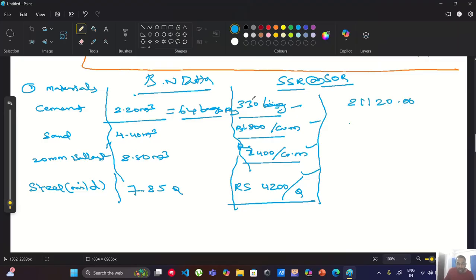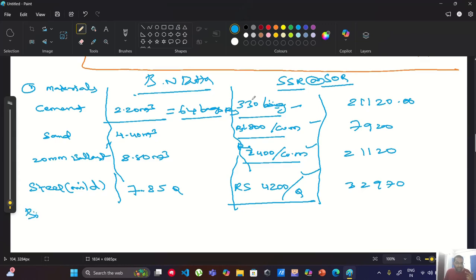Now the cost is 21120. This is 330 into 64, 1800 into 4.40, and 2400 into 8.80, like that we have to calculate. And this is 7920, 21120, and the last one is 32970. Along with this, some binding wire is required for binding the steel.